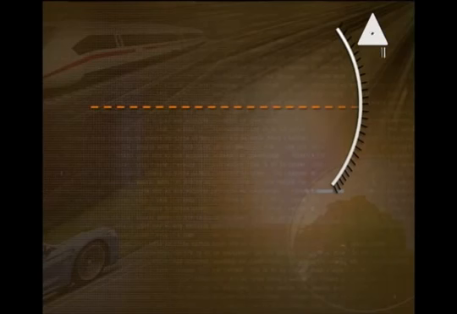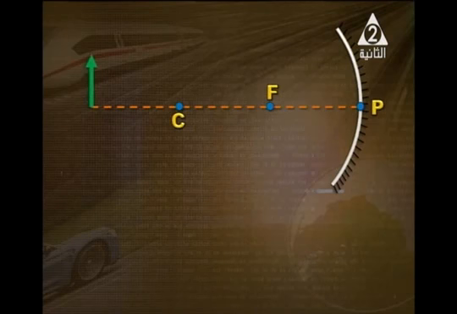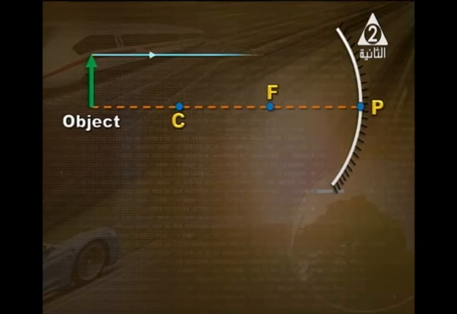The second case. This is the reflecting surface of the concave mirror, and this is the principal axis joining P and C passing through F. The object lies beyond the center of curvature. It will send a light ray that falls on the reflecting surface of the concave mirror.